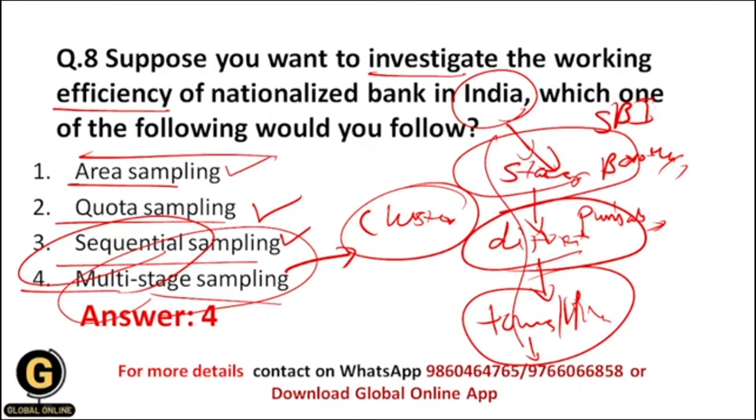So here the researcher is basically selecting the samples sequentially, all of you getting, and that's why here your correct answer should be 4, that is multi-stage sampling technique.